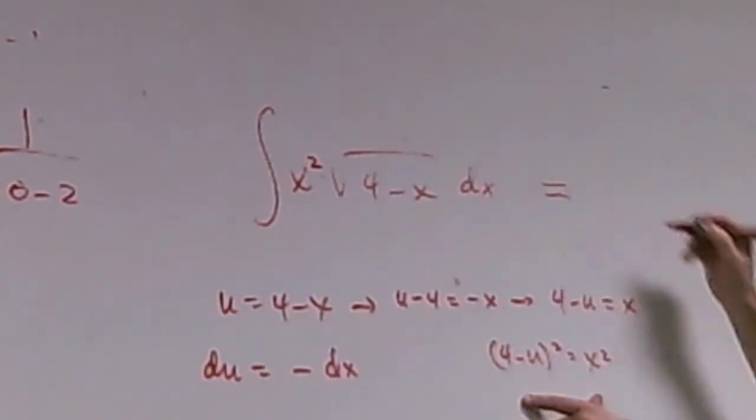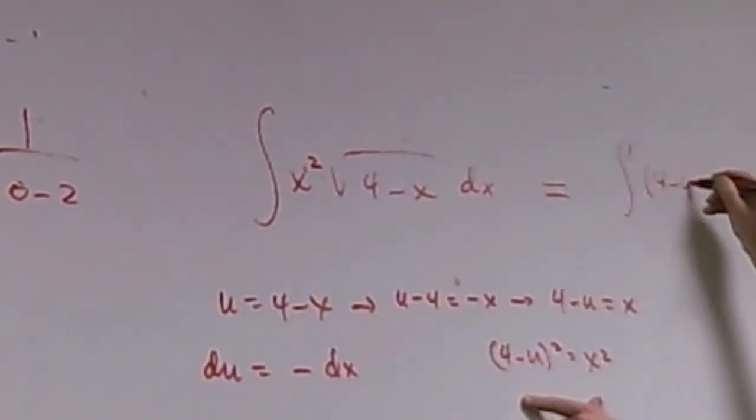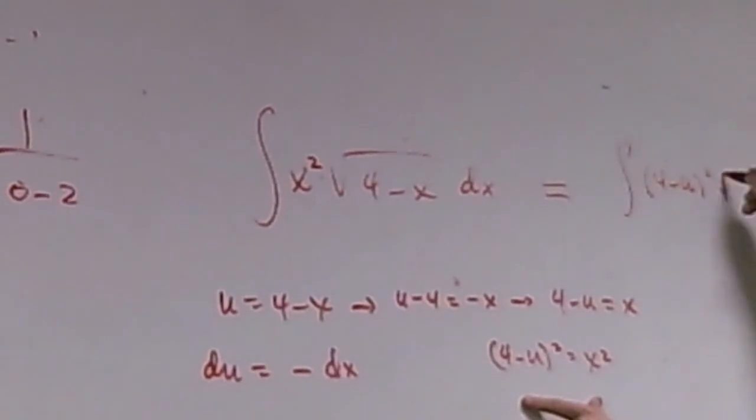Okay, so this is the integral of (4 minus u) squared times the square root of u. dx is negative du, so that's negative the integral. There's no way to avoid squaring this out and then multiplying it by that.